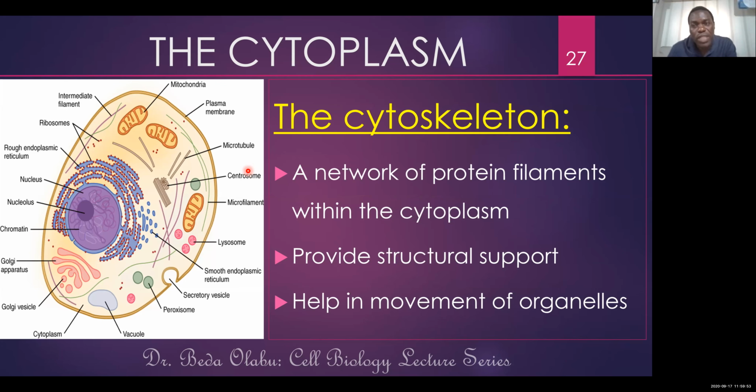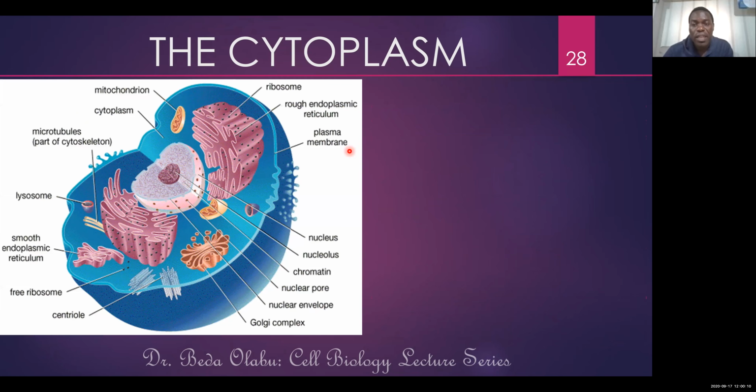Right, so those are the cytoskeleton. We've talked about three types of cytoskeleton: microtubules, microfilaments, and intermediate filaments. The third component of the cell are the cellular organelles.